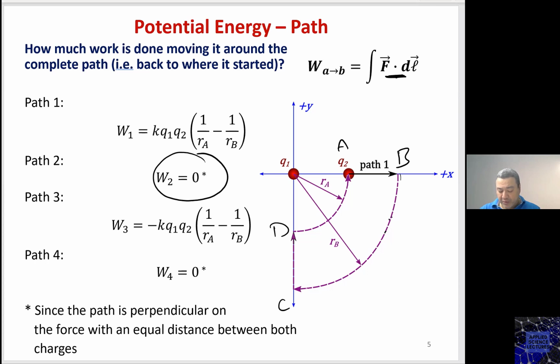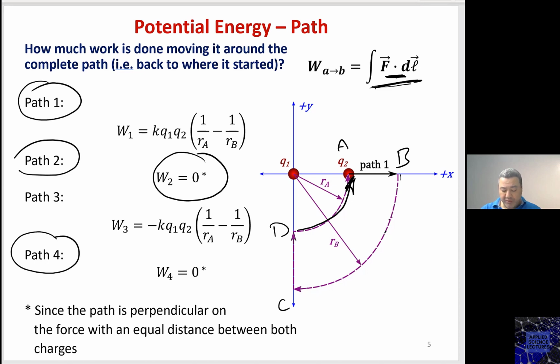So along path BC, which is path number 2, we have a 0 work, and also the distance did not change. The distance was always fixed at RB. So we have a 0 work for path number 4 that goes also from here to here. We have also a 0 work because of the force being perpendicular to the differential length for that path. So I ended up with path number 1, which is the work that I derived earlier.